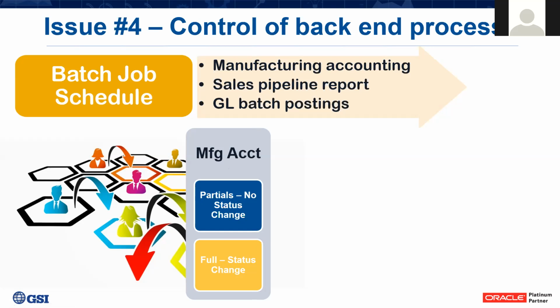Now, with manufacturing accounting, I'm sure you guys know, if you are running manufacturing, that this is the job that picks up all the work order activity throughout the day and generates the journal entries that represent all of that activity.